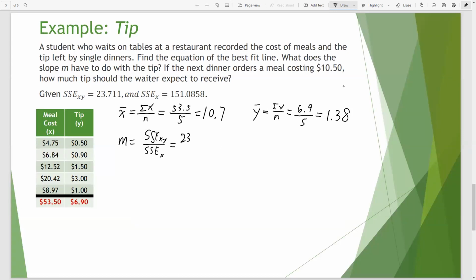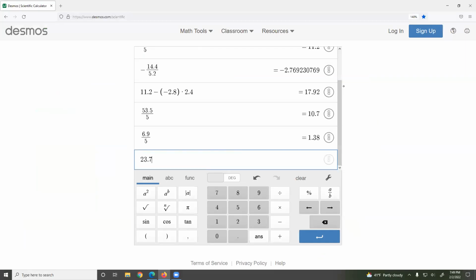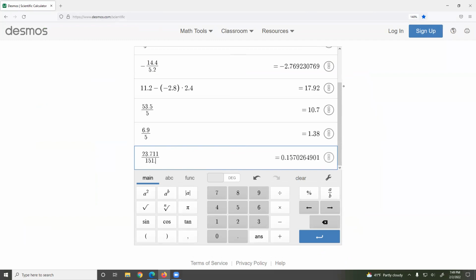That's 23.711, the sum of squares of the product, over the sum of squares of x, that's 151.0858. 23.711 divided by 151.0858.